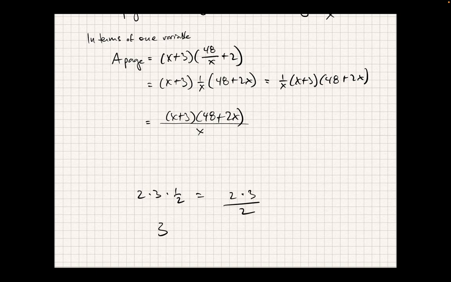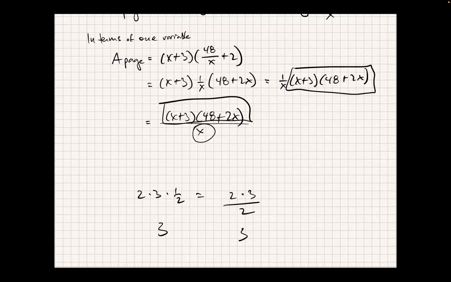That's essentially what I did. If I have a fraction out front, it's the same as writing it over the entire thing, because these things are multiplied together, separate from the fraction. Just like here, they're multiplied together, separate from the x in the denominator. All good?